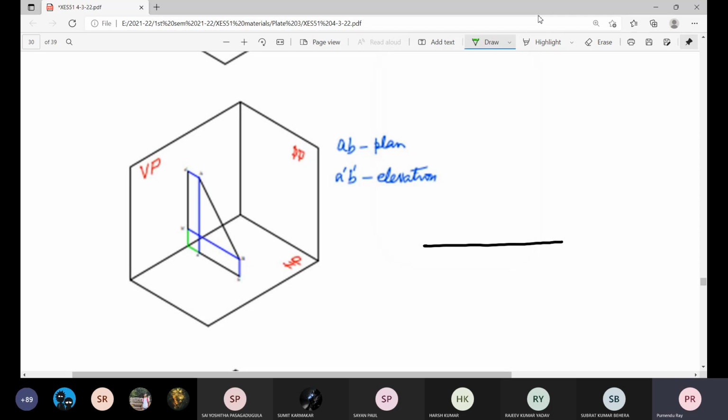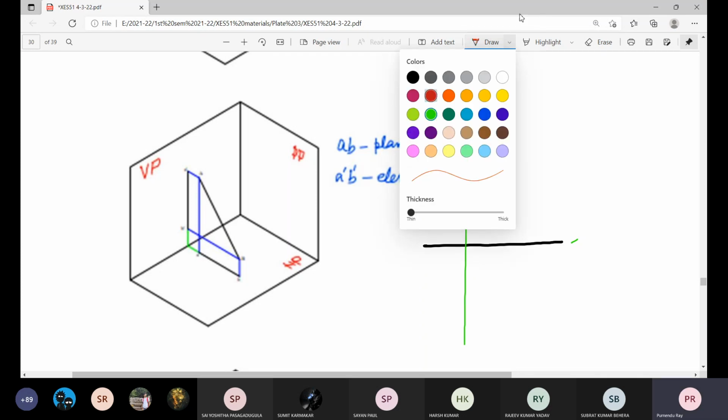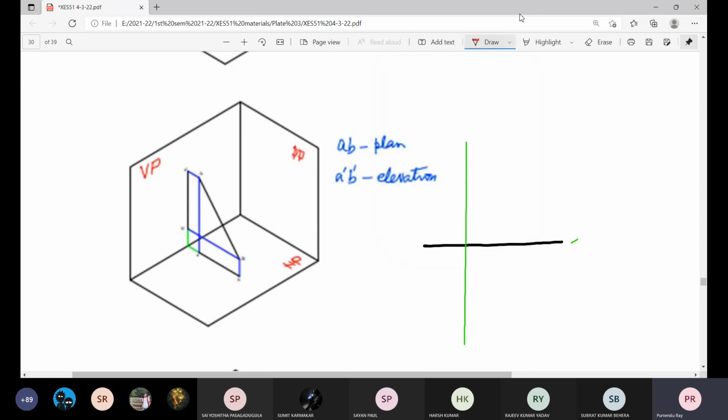So first step, this is the ground line. Next step, draw this projector. The location of A and B will be given, or at least A will be given. Then here is the elevation of point, sorry, this is for point B at the lower level.